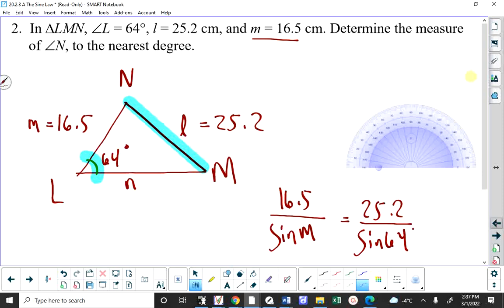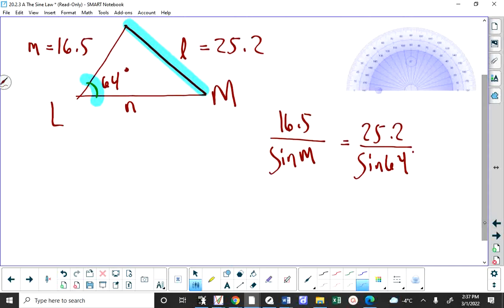Just give that some thought as to what I wrote. Side over sine of corresponding angle equals side over sine of corresponding angle. But remember what I said. I want the unknown on the top. It's easier to work mathematically if your unknown is on the top.